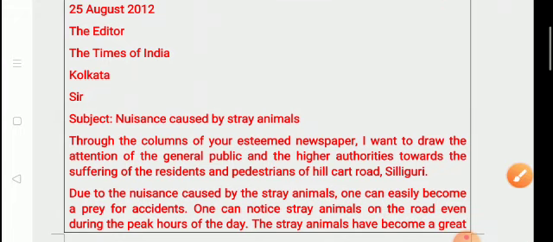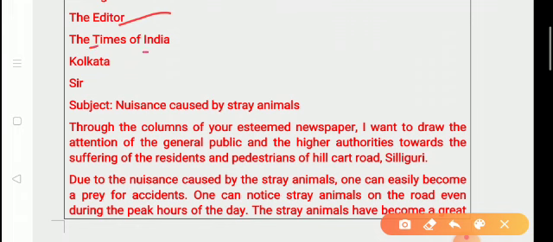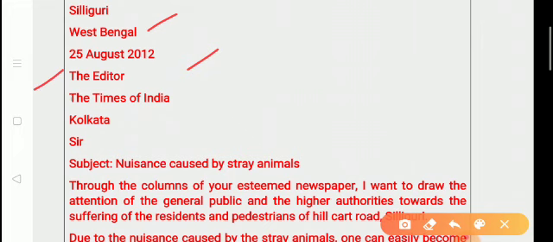The Times of India, the name of the newspaper, and the initial letters of every word are capital. The T capital, Times T capital, and India I capital. This way. And the place, Kolkata. Sir. And one more thing that I told you earlier, that you need not put punctuation marks. So there are no punctuation marks here in the address part, and then the date, then the editor, the Times of India, Kolkata, but there are no punctuation marks.